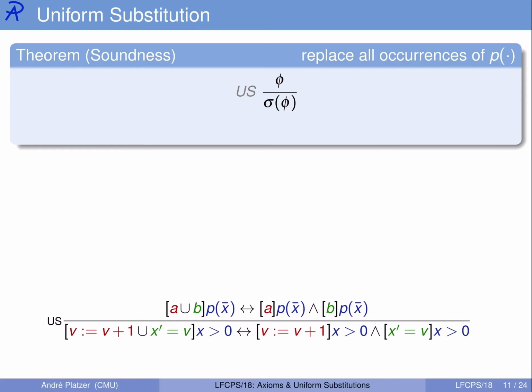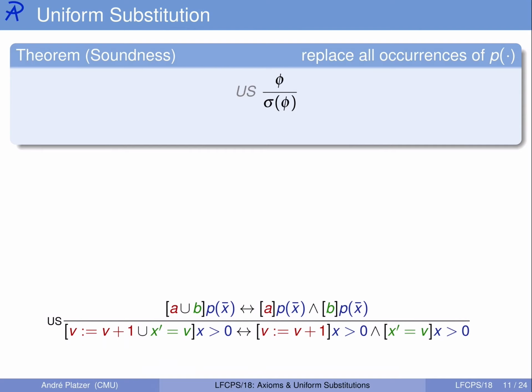Let me give you an example. This is a formula coming from an axiom directly that we already believe is a valid formula. So uniform substitution is able to replace things in it. For example, replace the program constant symbol A by an assignment everywhere.